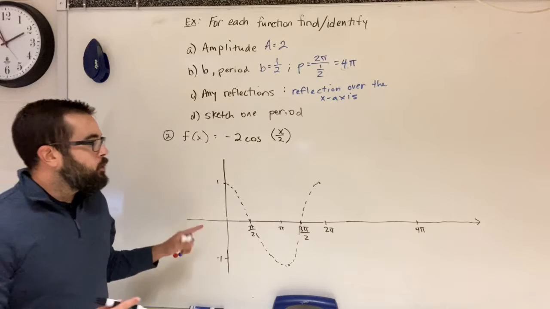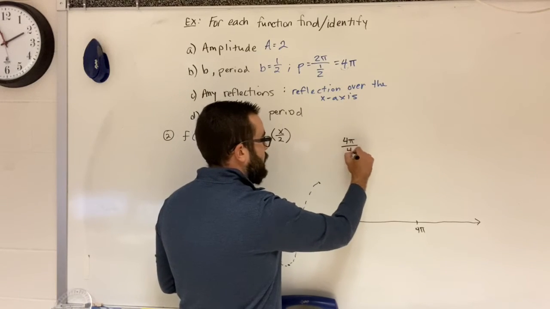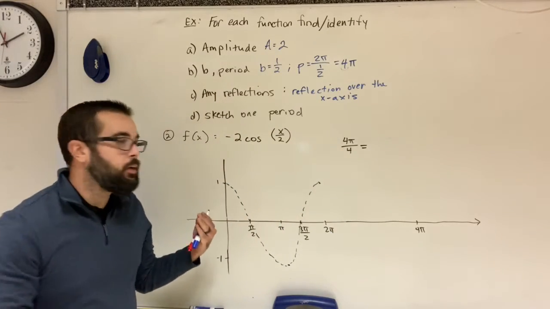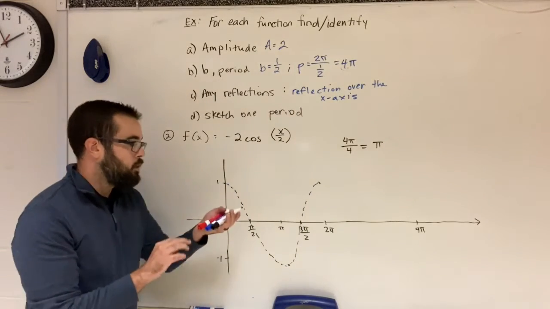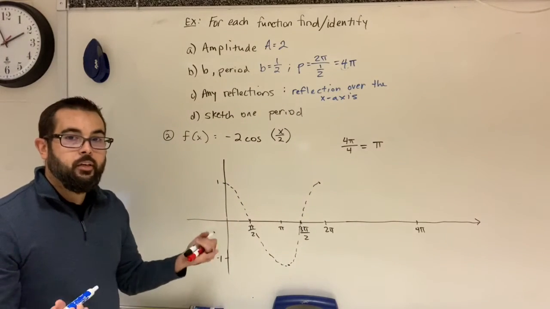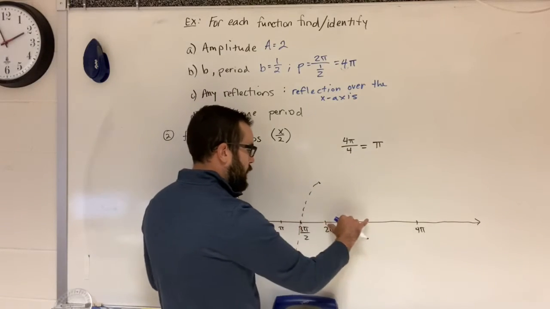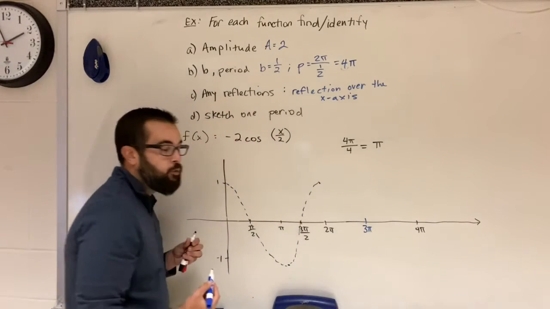Now we need to figure out our critical values. So to find out our critical values, you take the period length and divide it in 4. Because there's always 4 critical values within one period. So our critical values occur every pi radians. So we have pi, 2 pi, 3 pi, and then 4 pi.